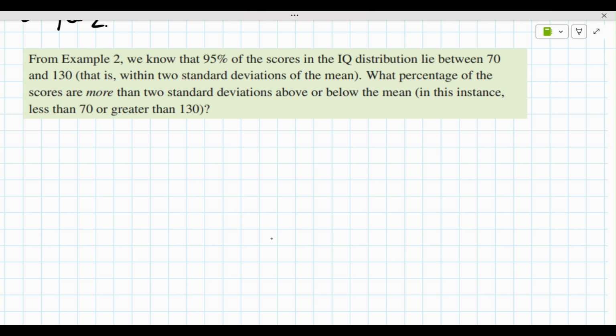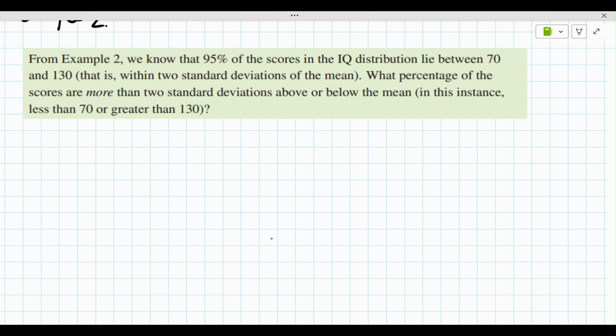As I said, you could be between 70 and 130, which is two standard deviations, but what percentage of the scores are more than 2 standard deviations above the mean?